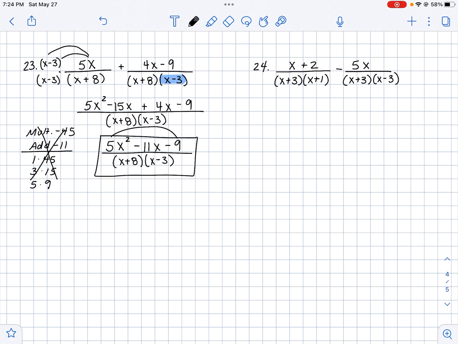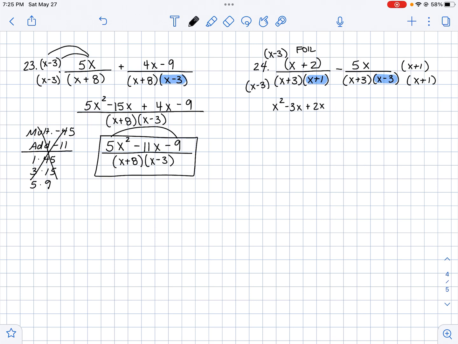Yep. Okay, so this one needs to be simplified on both sides, and we are missing an x plus 1 and an x minus 3. So I'm going to go (x plus 1) and (x minus 3)(x minus 3). So on the top, I'm going to have to FOIL.